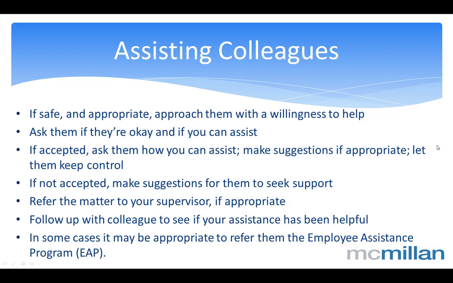So making sure that we assist colleagues in ways such as making suggestions and offering advice and so forth to help them get up to the levels that are required.